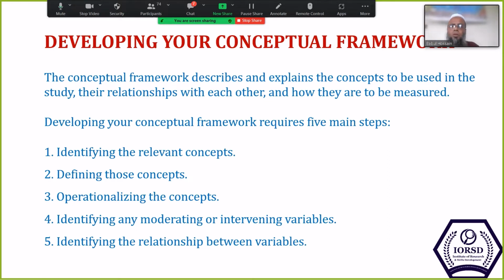We use moderator and mediator both, but mainly we use moderator as the intervening variable. The mediator variable also intervenes, so you can use both of them, but mostly we refer to the moderator.